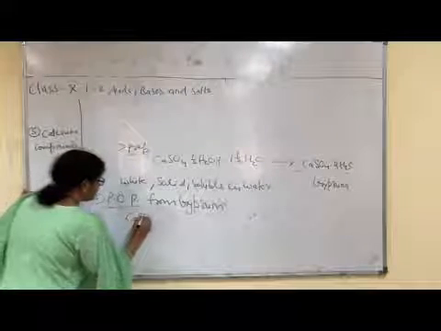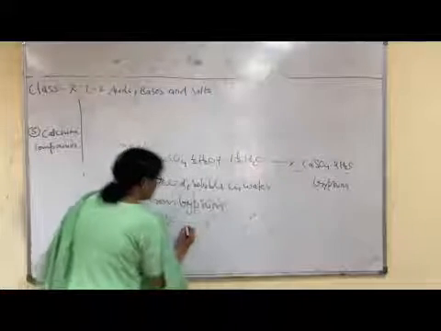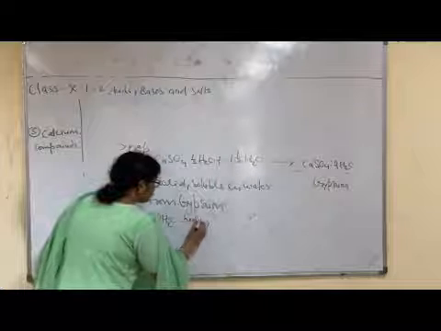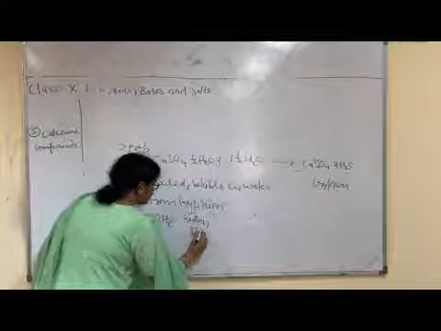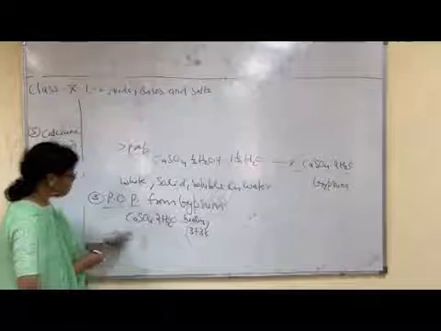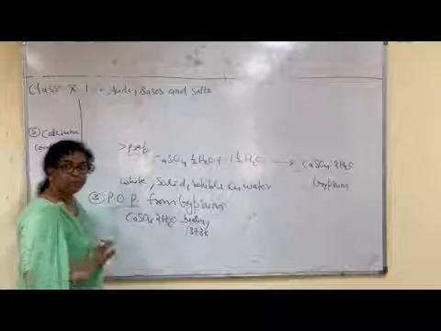Then gypsum is POP, controlled heating. Right? This is called controlled heating. If heating is done at a high temperature, anhydrous calcium sulfate is obtained, which is also known as dead burn plaster.